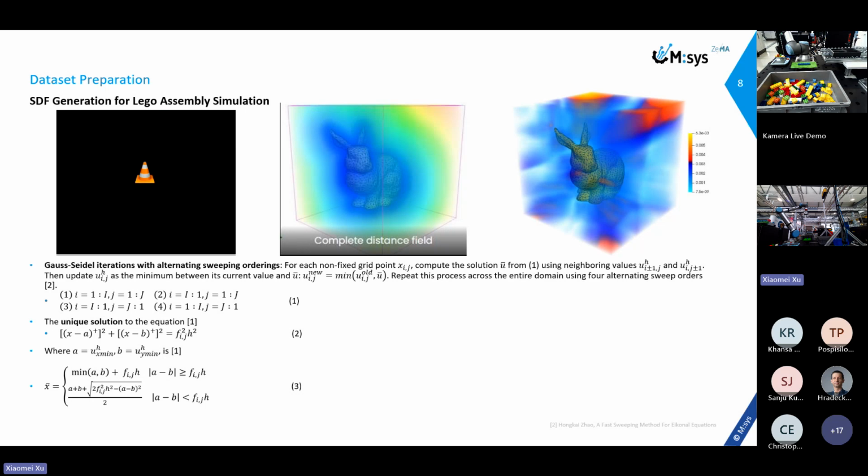As an implicit surface representation capable of modeling arbitrary geometries, a signed distance frame defines a scalar field where each point in space stores its shortest distance to the object's surface. The distance matrix carries sign information. Negative values indicate interior points, while positive values denote exterior points.